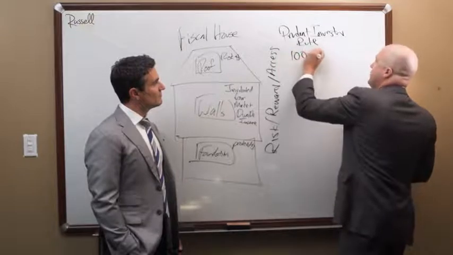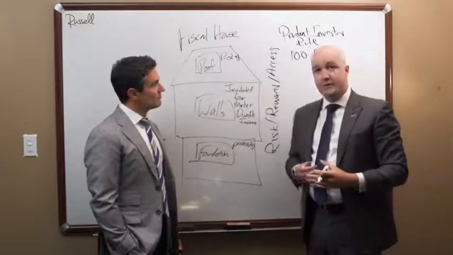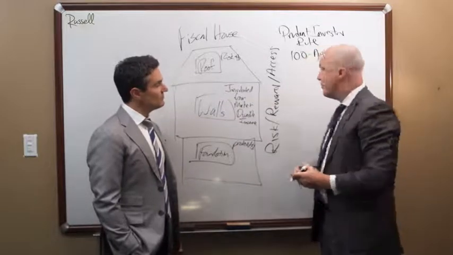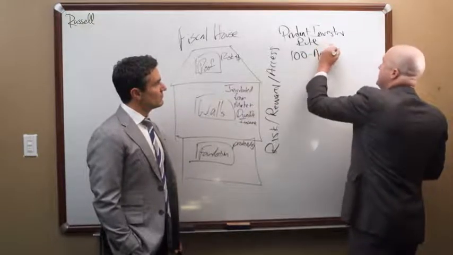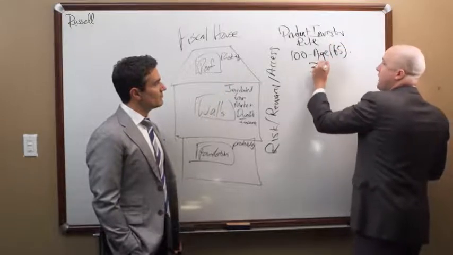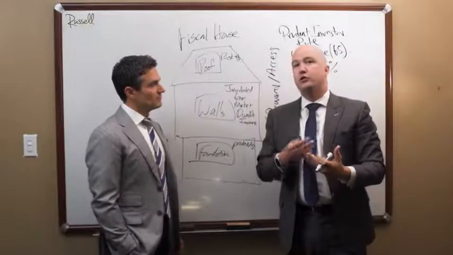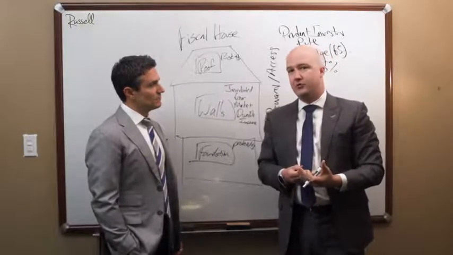So 100 minus your age. And that represents, from a percentage standpoint of your total fiscal house, how much you would have at risk. So for instance, if you're 65 years old, the most you would have is 35% of your total savings and investments that you could lose due to forces outside of your control.